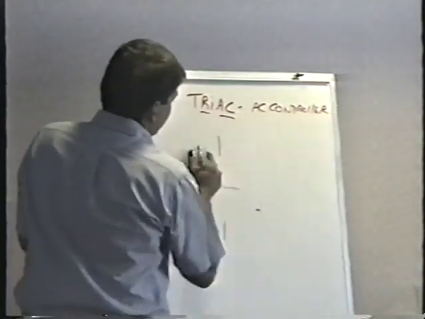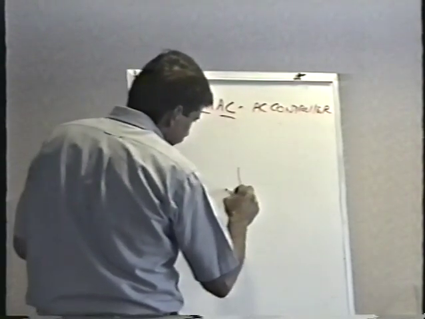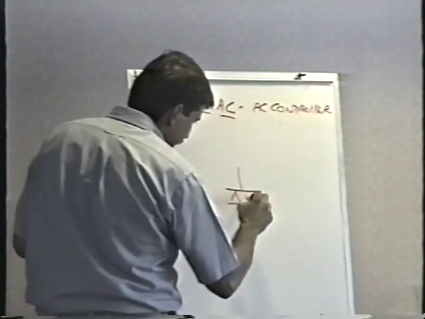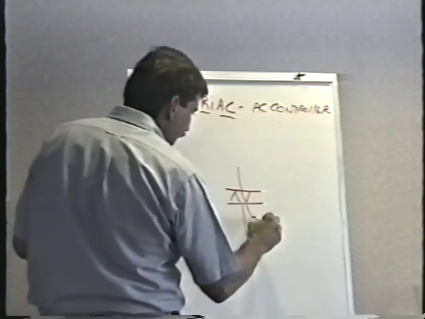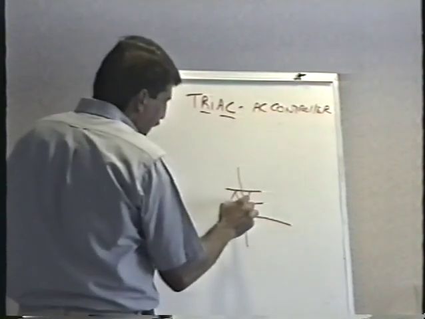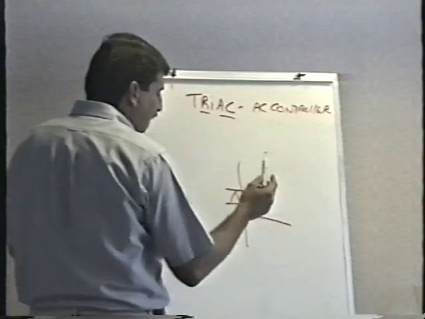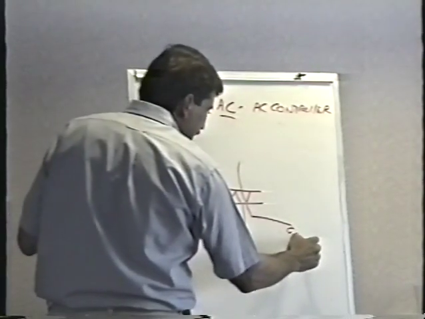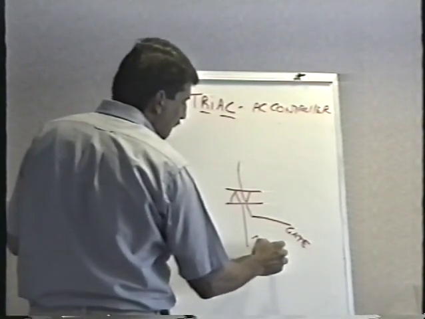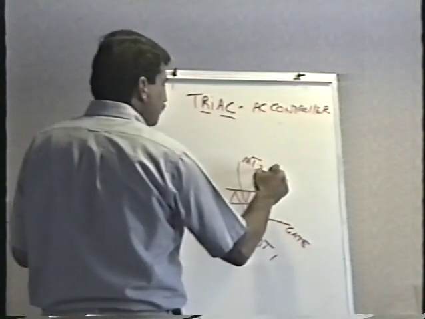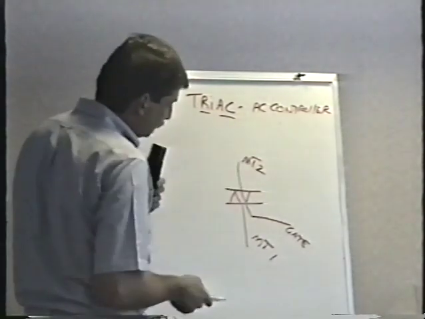I'm sorry, but I have to redraw this a little lower here. In the triac, instead of having an anode and a cathode and a gate, we have the gate, that's the same. This is called main terminal 1 and main terminal 2, if I'm not mistaken. They're actually interchangeable.